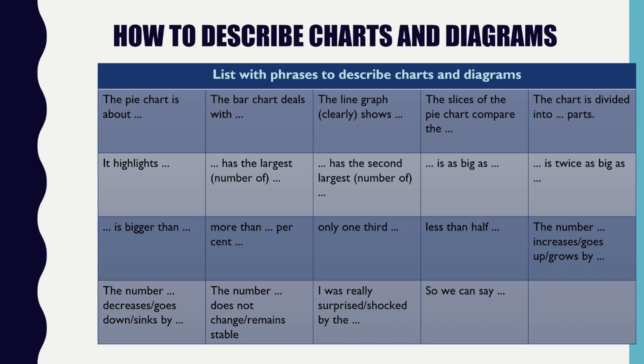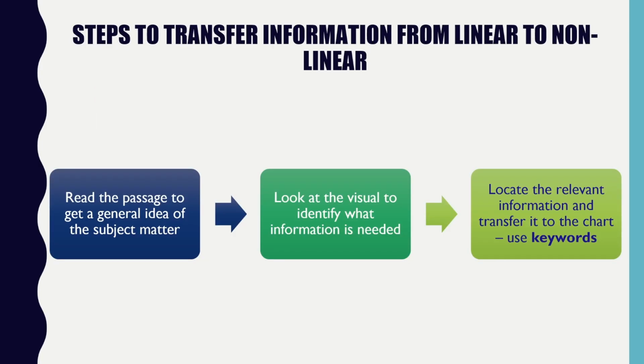Okay, the pie chart is about something, the graph is about something, right? And then the second one is you want to show the biggest highlight of that, which means the key points you want to show from the chart or the graph here. So you can use that, right? So, the step to transfer information from linear to non-linear.